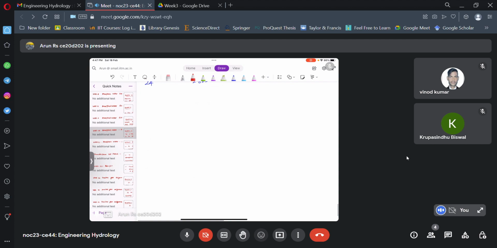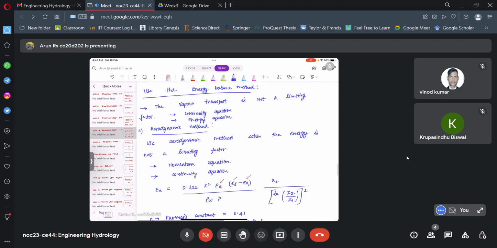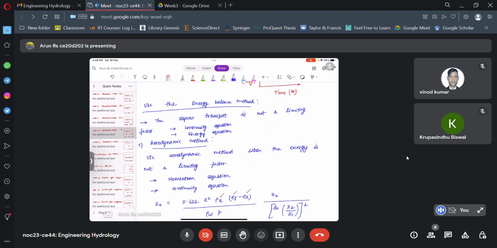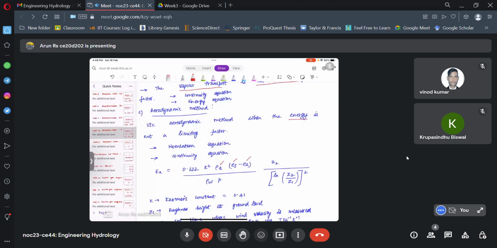Now the last part of this question is the estimation by using the combined method. So I just told two assumptions or the two conditions under which we derive both these equations. The first condition is vapor transport is not limiting for energy balance, and in the aerodynamic method energy is not limiting.